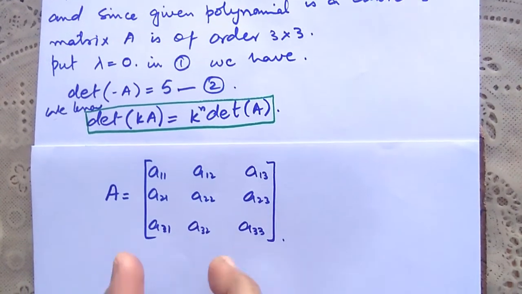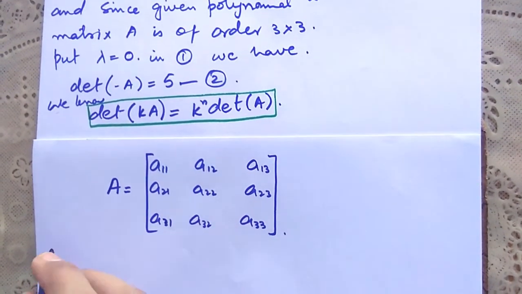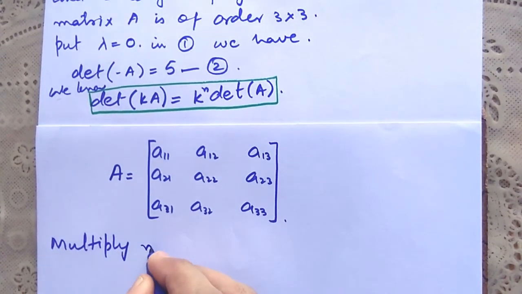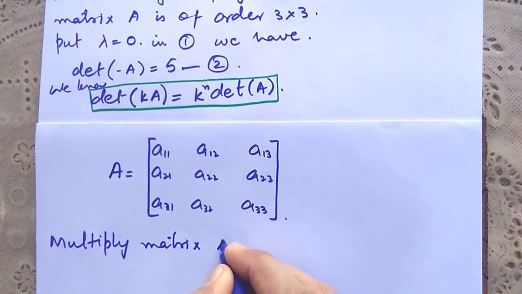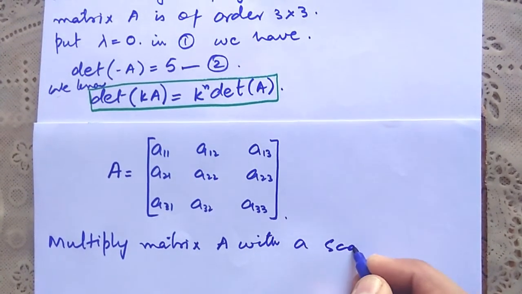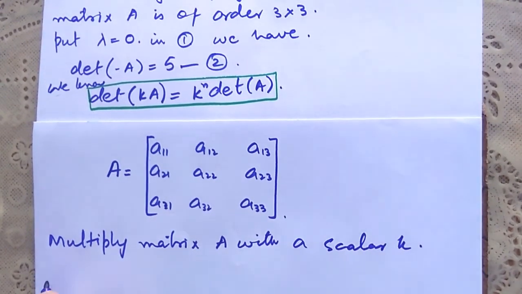Now let me multiply this matrix A by a scalar k.